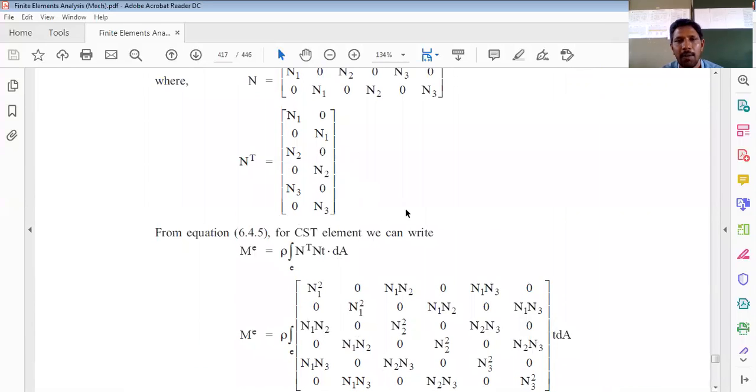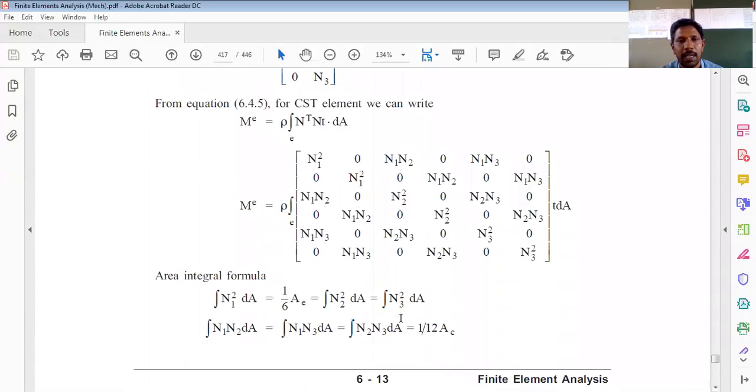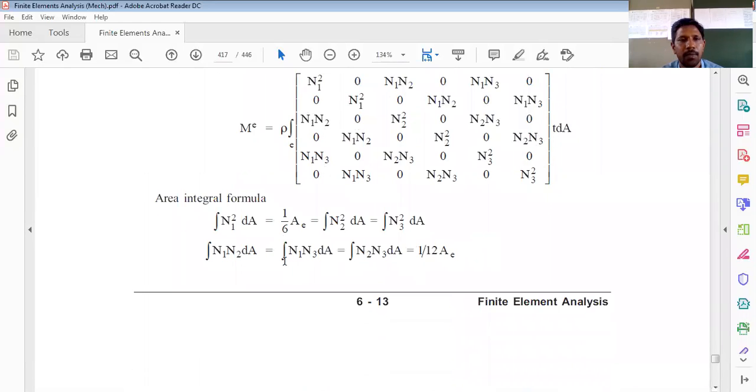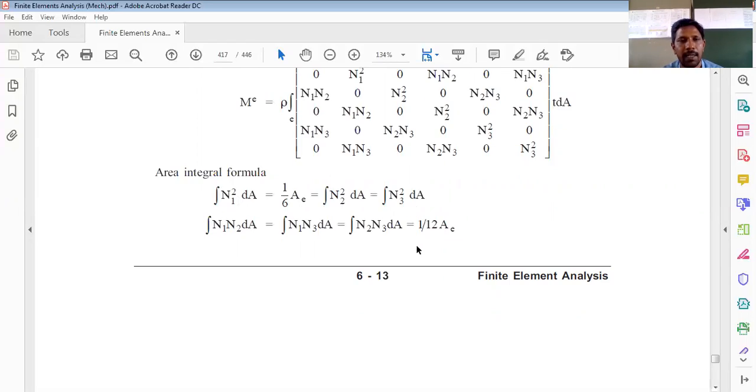The only thing we have multiplied here is the thickness, so that needs to be remembered, and it is multiplying with dA. So integration of N1 square dA with respect to area, we get 1 by 6 A. Similarly for N2 square integration, N3 square integration also. And for N1 N2, N1 N3, N2 N3 integration over the area, you get 1 by 12 of area.